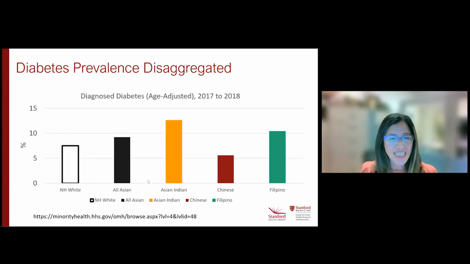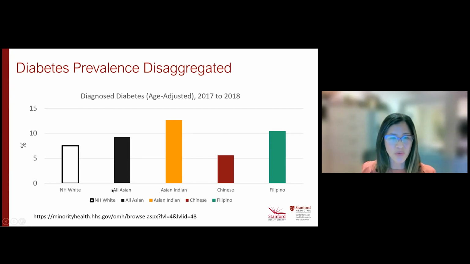There are some data that's disaggregated in Asian Americans. The year is slightly different than the one I showed on the previous slide, but it makes the same point. This refers to diabetes prevalence in individuals, and this is just diagnosed diabetes, not diagnosed and undiagnosed, just diagnosed.